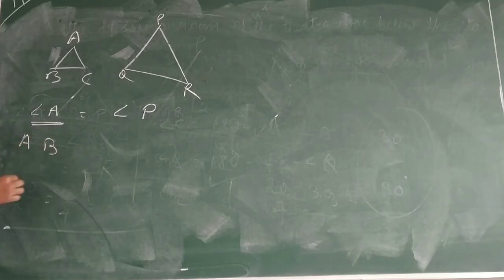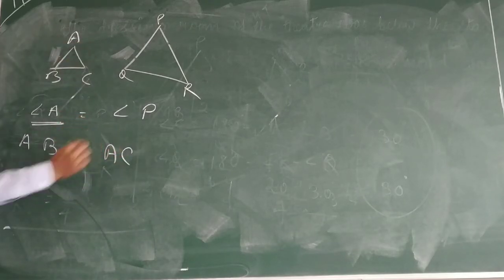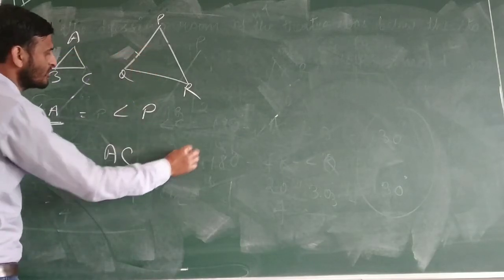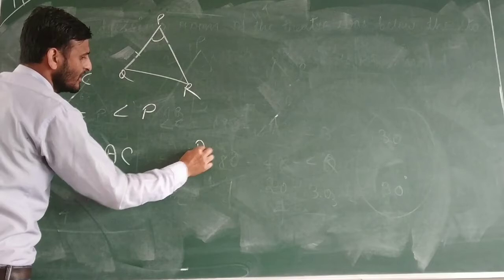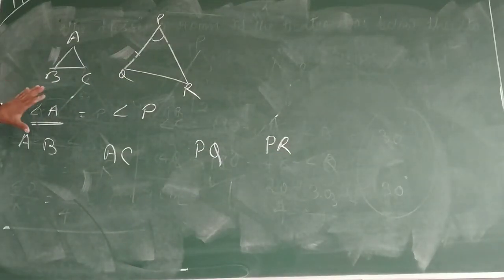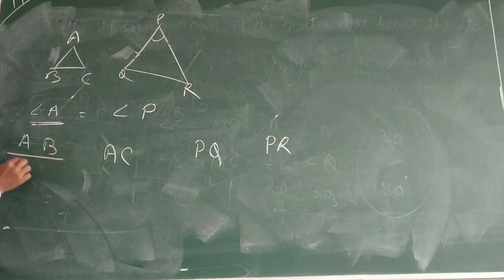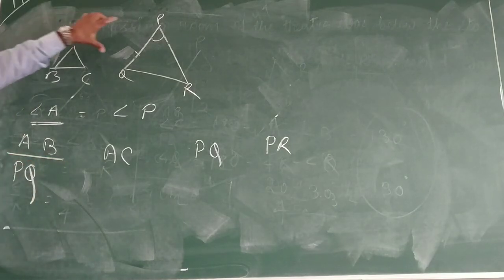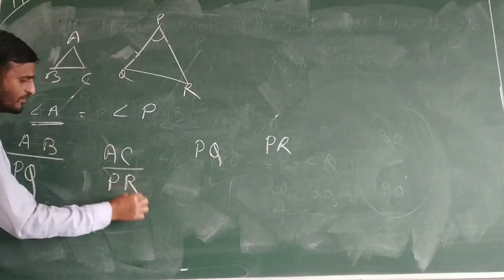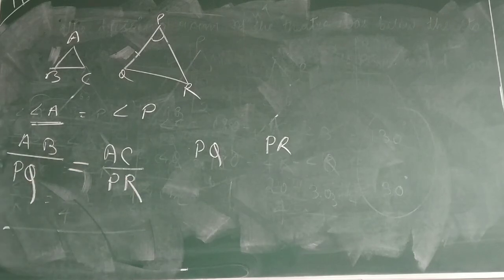AB and AC. These are the sides corresponding to angle A, and these are the sides corresponding to angle P, that is PQ and PR. If you find the ratio of AB with PQ, and AC with PR, if these ratios are again equal, then we can say that these two triangles are similar.